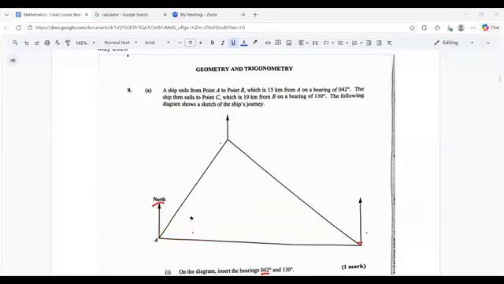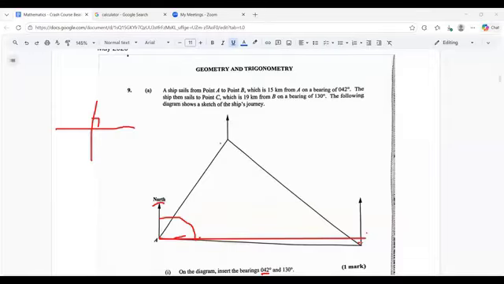Based on what they're telling us, you should be able to know that normally 90 degrees is around here. It can't be this other line because this angle looks slightly greater than 90 degrees. It's not exactly 90 degrees because the line is slanted. It's not fully perpendicular to the cardinal point, the north. So it can't be this point.